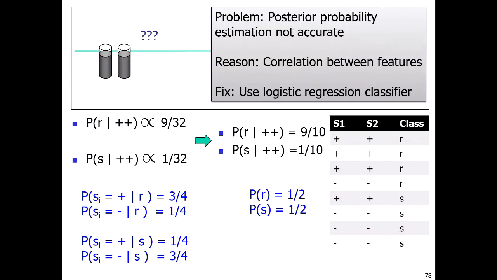Let's say you have another condition, which is the probability of, let's say, S3 equals plus given R is 0.1.